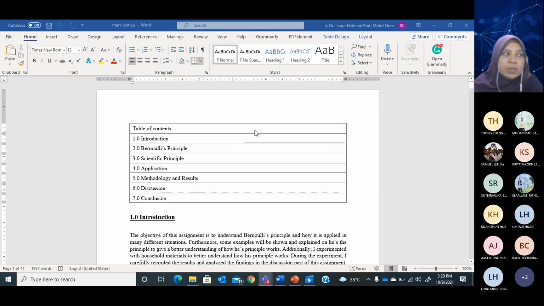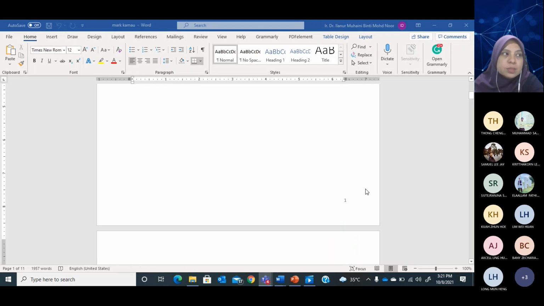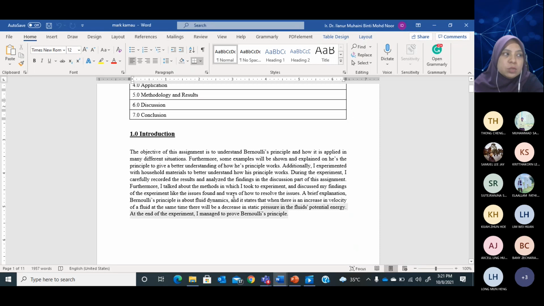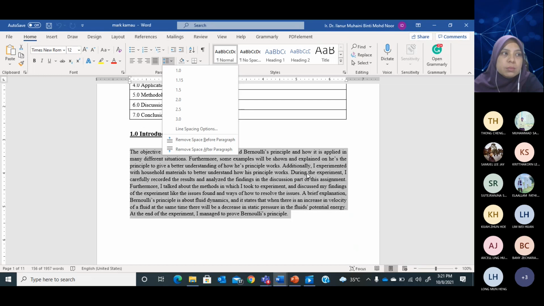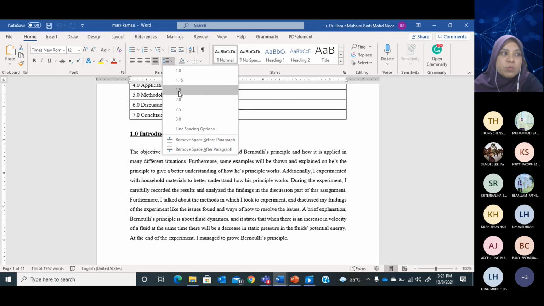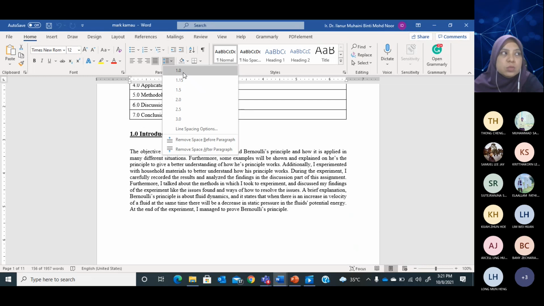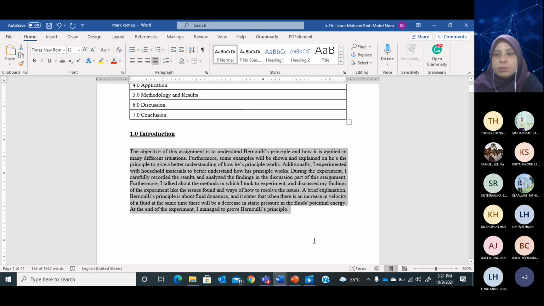Content should be on a page of itself, and the content page should not have page numbers. This is not 1.5 spacing; 1.5 will look like this. This one is single.